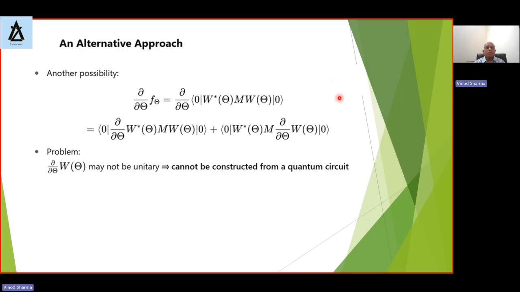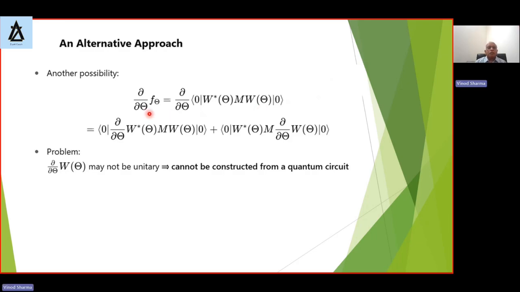Another possibility is that f theta is this quantity: the inner product of |0>, W star theta, M, W theta, |0>. |0> is the input vector, M is the operator with respect to which we are taking the measurements, and W theta is right now representing the overall quantum circuit at theta.